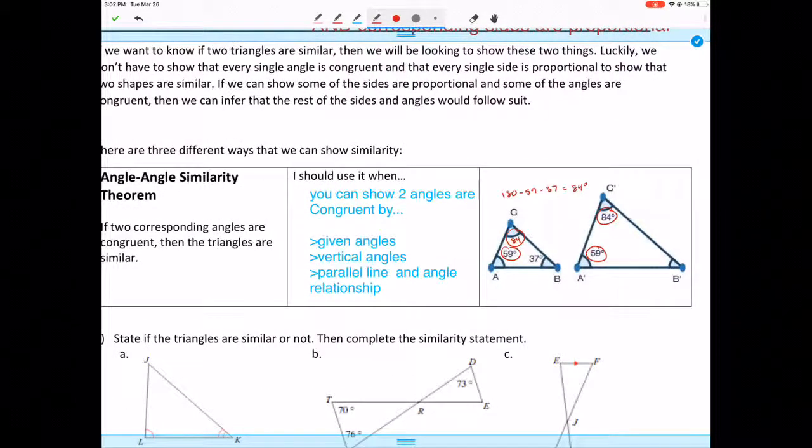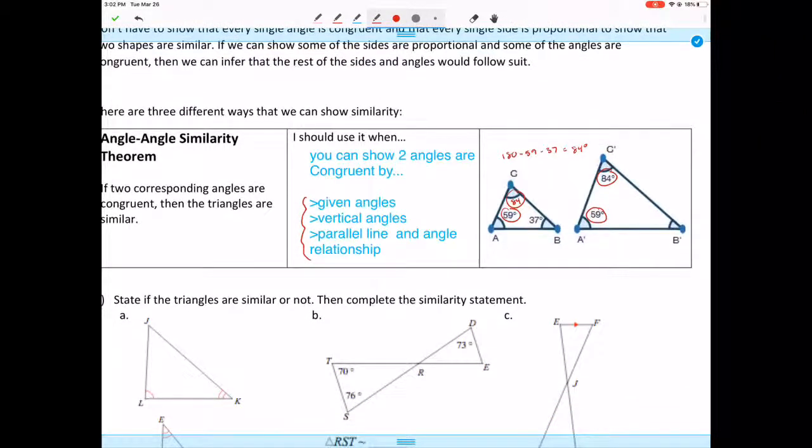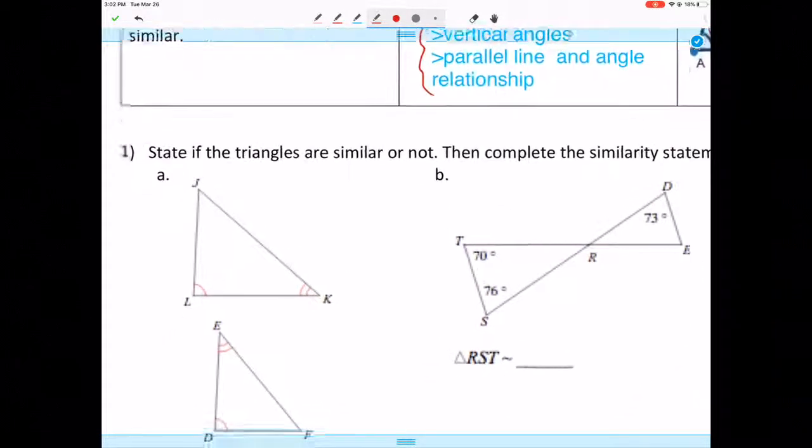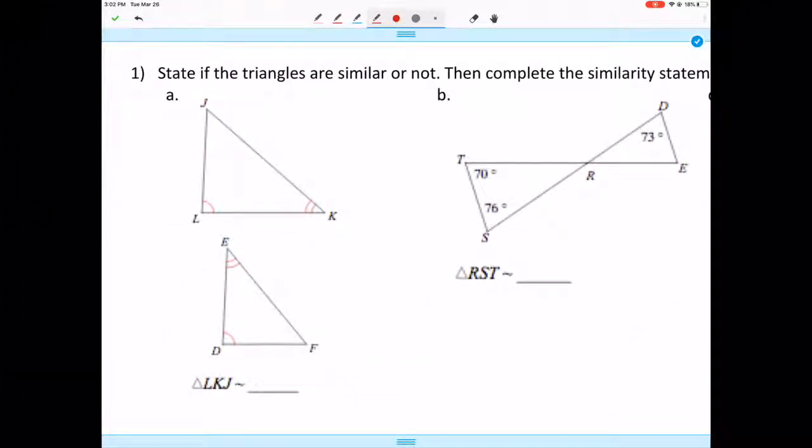Okay. All right, so there are three types of problems that you may run into. One is where they give you the angles. So for example, A, they give us angle L, and they also tell us that angle D, those are the same angles. Same with angle E and angle K, that these are congruent angles.